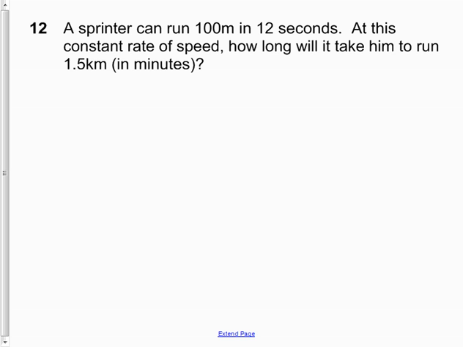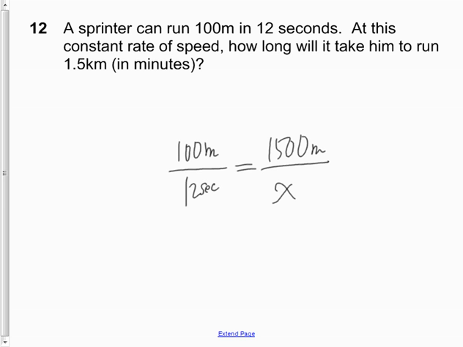Question 12 says a sprinter can run 100 meters in 12 seconds. At this constant rate of speed, how long will it take him to run 1.5 kilometers? So 100 meters in 12 seconds is going to be proportional to 1,500 meters. I can't use kilometers, and I'm not sure how long it's going to take. So here, I know I'm multiplying by 15, so I can multiply the bottom by 15 as well.